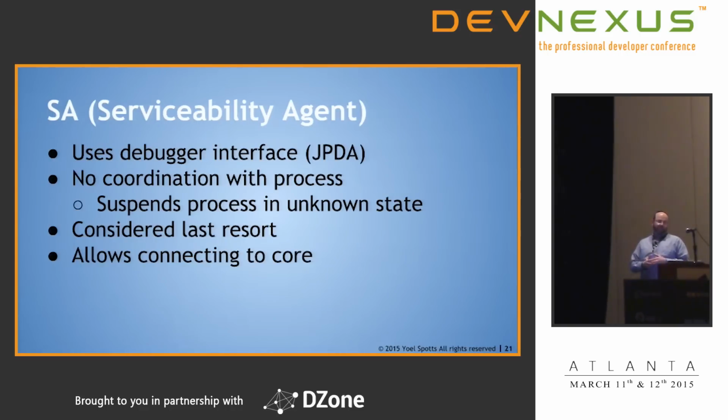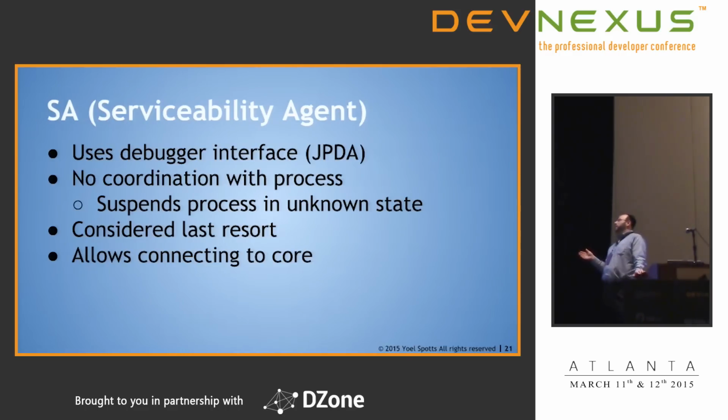When it comes to the Serviceability Agent, there's no coordination with the process, and it will actually suspend the process in an unknown state. The JVM will actually be suspended and will not run at that time. And again, the documentation states an unknown state, which means that in theory, when the Serviceability Agent detaches, it is possible that the machine will be completely hung.